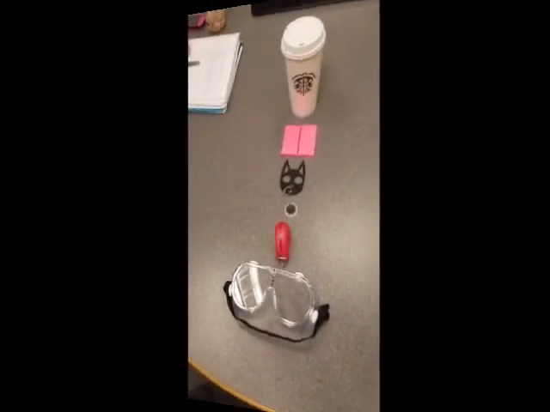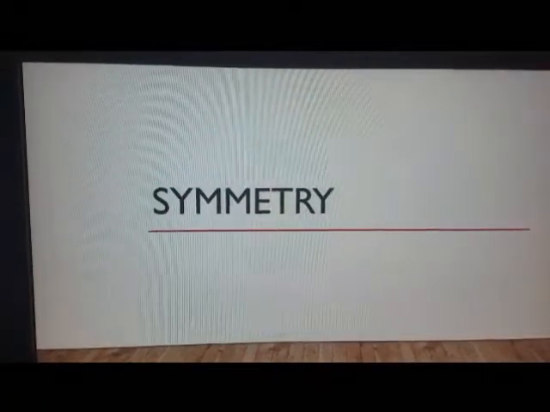Would you look at that? Symmetry is all about balance.